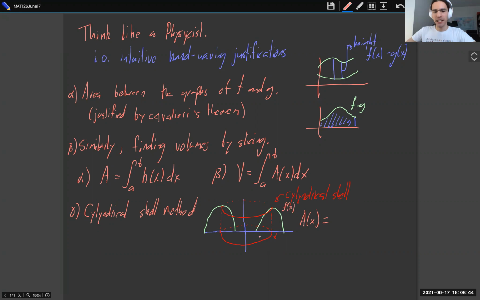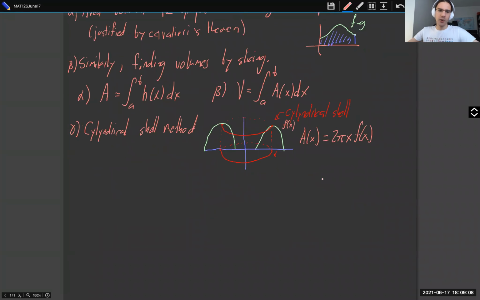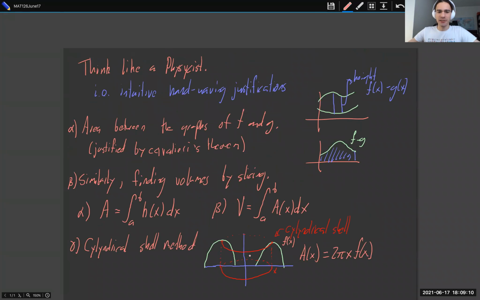Yeah, so x is the radius. So what's the circumference? 2 pi x. Exactly. Now, that's the circumference of the circle. And what's the height of the cylinder? F of x. Exactly. Good, thanks. So that is the area of a cylindrical shell.